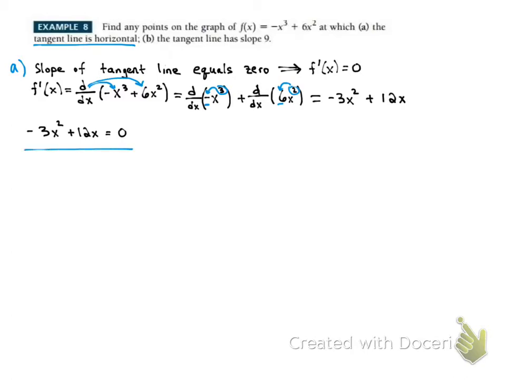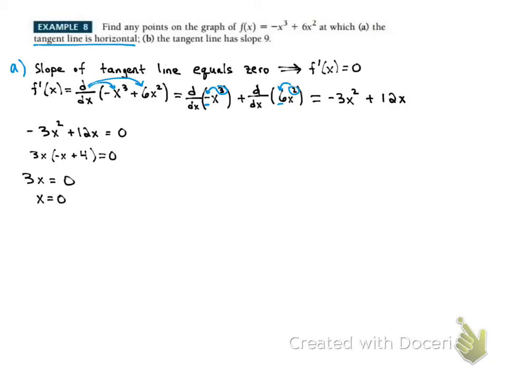Now we just have a quadratic equation here. So we can easily solve our quadratic equations. First of all, it's already set equal to 0, so that's good. So now let's just try to factor this left-hand side, which should factor very easily because it's just a binomial. So we can factor out a 3x. So we get this. Now we can set each factor equal to 0.